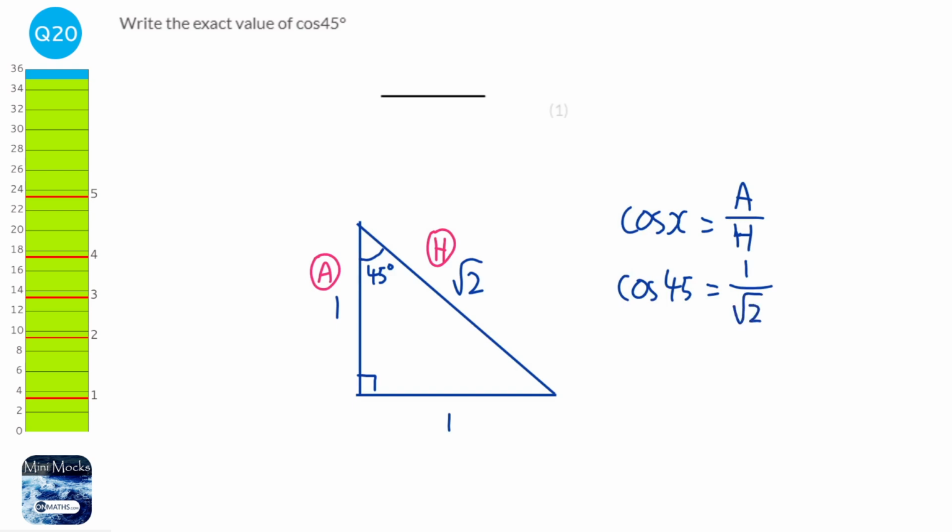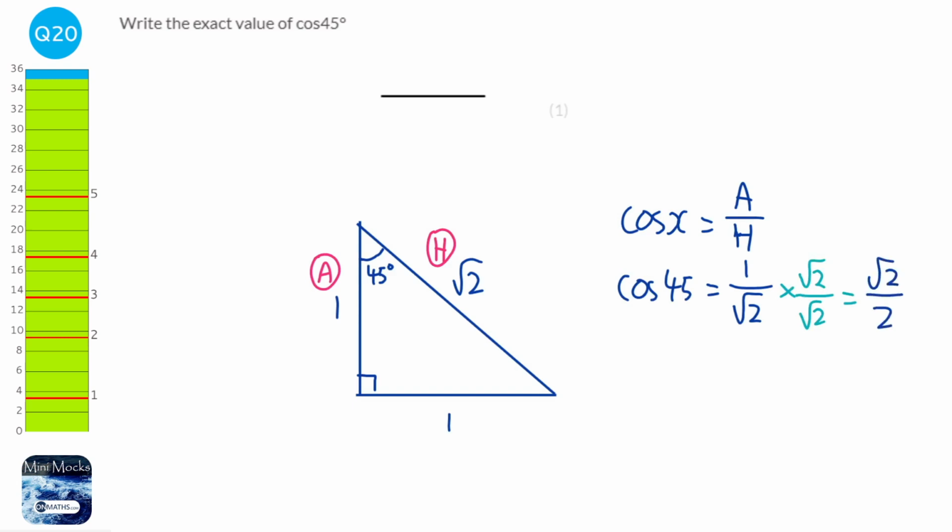Now, this is a bit of a strange one with 1 over root 2, because we need to actually be able to rationalise the denominator. And basically what that means, if you haven't done surds yet, or you aren't doing surds, is you multiply top and bottom by root 2. And so we end up with root 2 over 2.